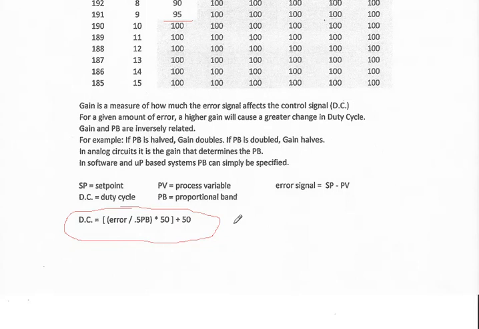And then the final percent you have to throw in there is that the controller output varies from 0 to 100%. So you're dealing with this proportional band that's a percent of the span, and its width is what the 0 to 100% of the controller output divides itself up over.